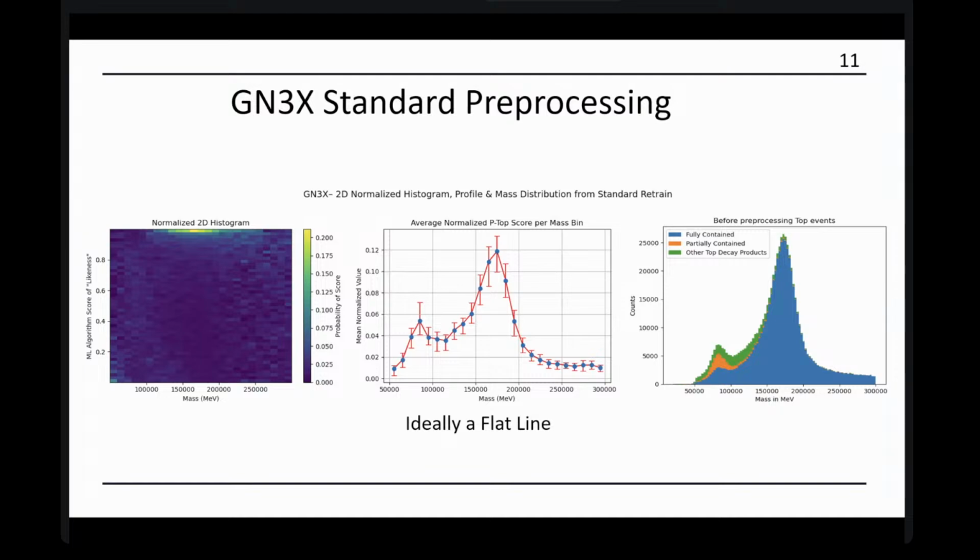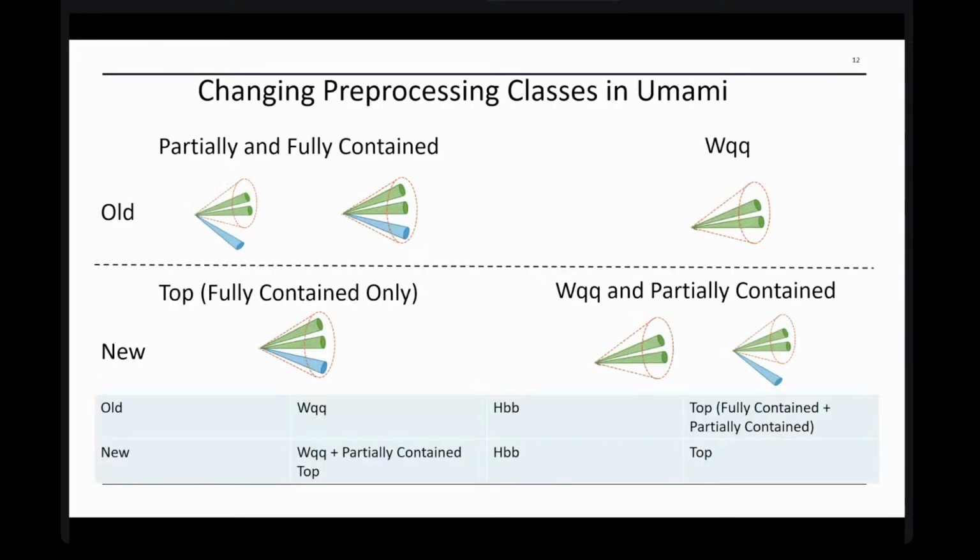And ideally, this graph right here would be a flat line because this is all top quark. So in other words, it shouldn't be learning, oh, mass 175 should be the top quark. It should be a flat line, being, okay, these are all top quarks, ideally. We don't live in this ideal situation. So what we do instead is change how we give this data set.